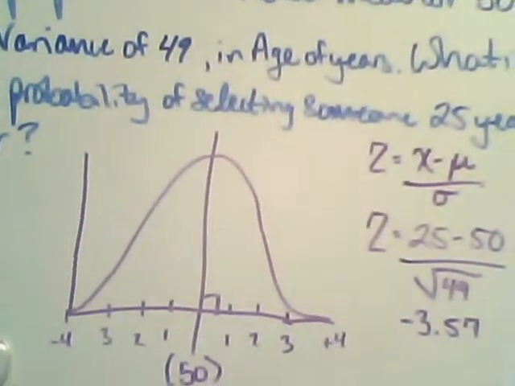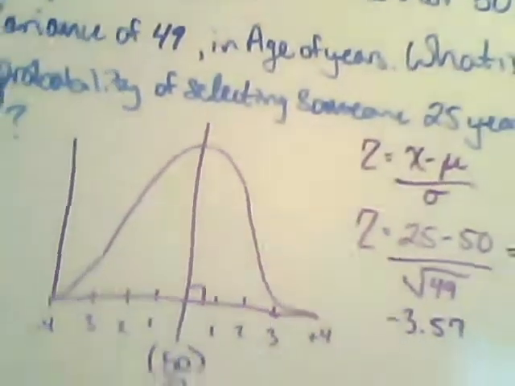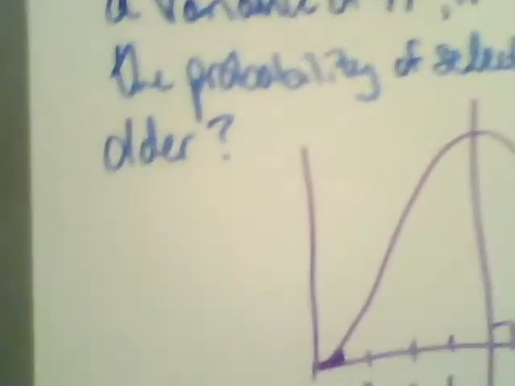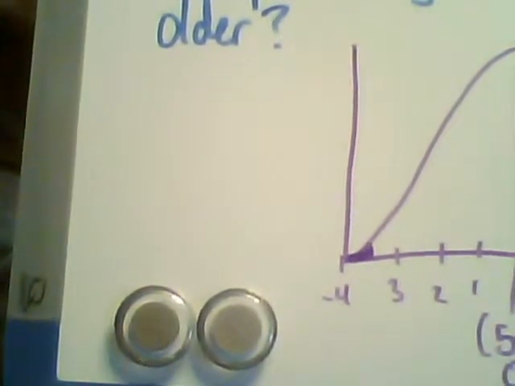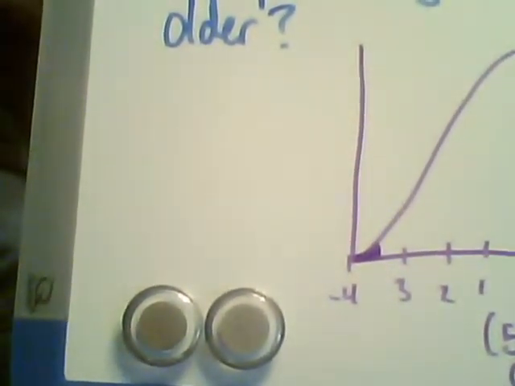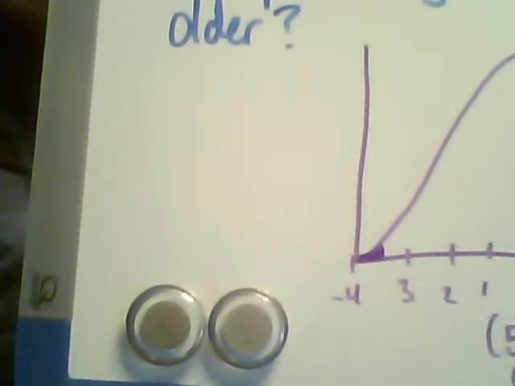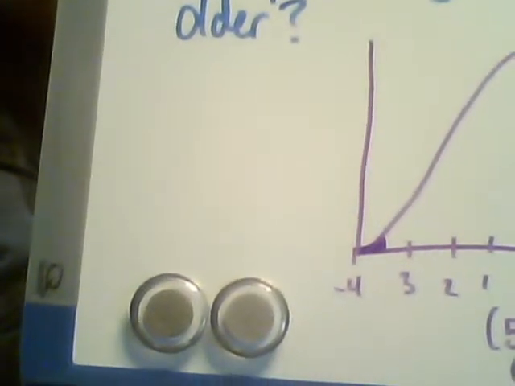So we get a z-score of negative 3.57, so you can kind of graph that on here. It's going to be this shaded area right there. Hopefully you guys can see that. That little tiny shaded area is our z-score.